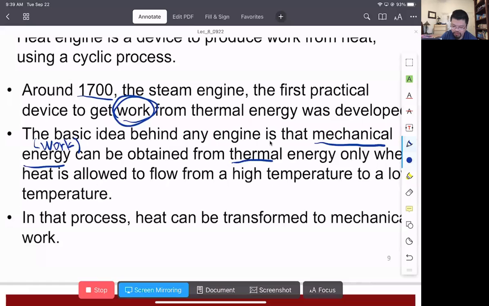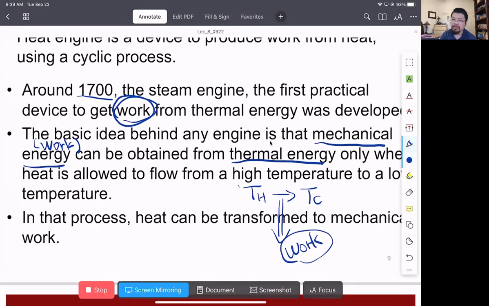That we are going to have the thermal engine, and we realize that it is possible to receive some mechanical energy if we are going to allow the heat flow from the high, when we have the high to the hot to cold, then we are going to produce along that process some work.